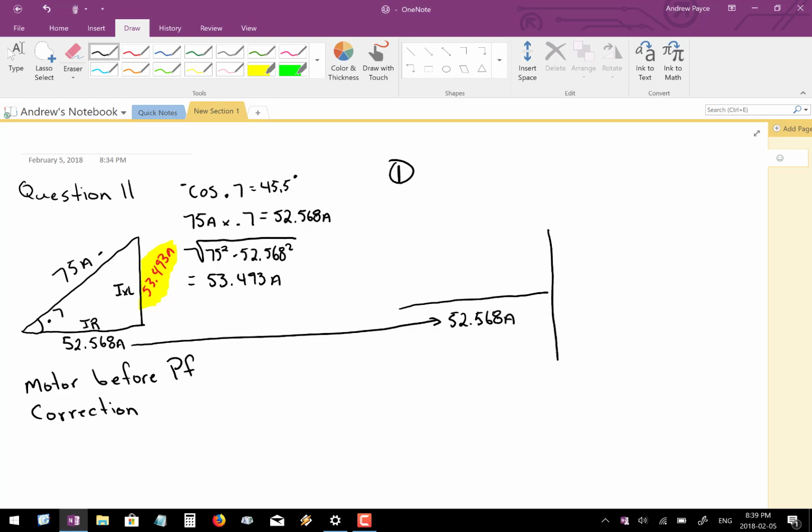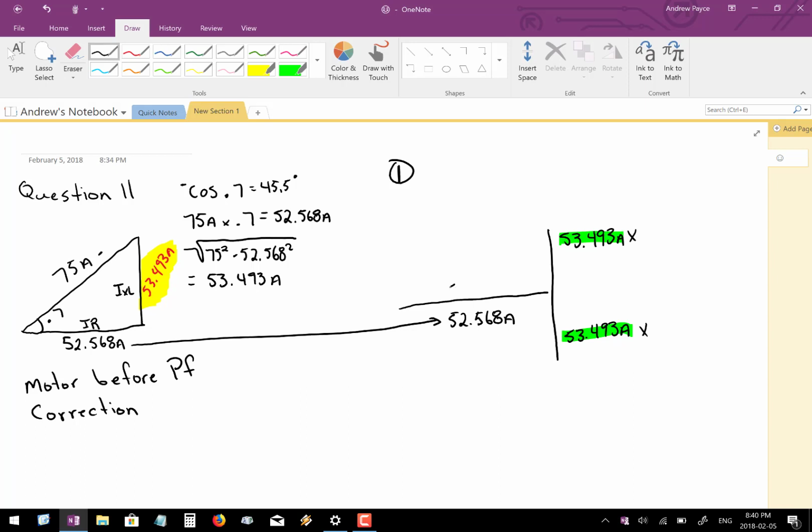Because I've now installed a capacitor that will correct, it will now provide all of the energy for the out-of-phase component. So these two values effectively cancel each other out.